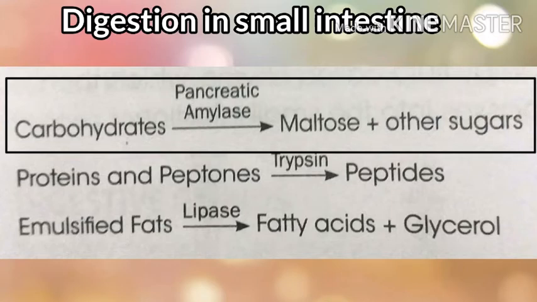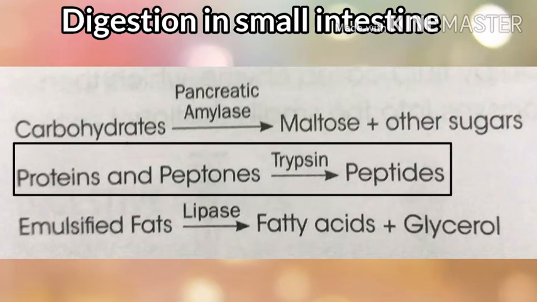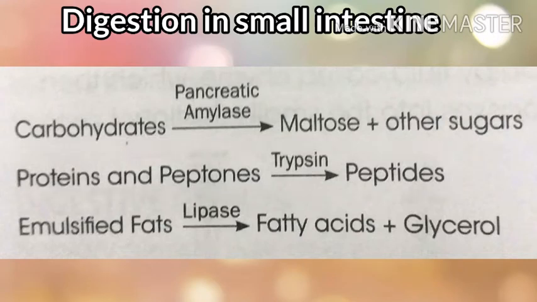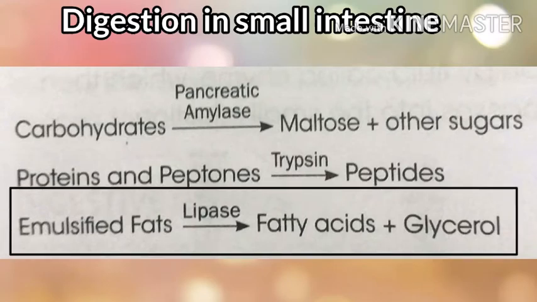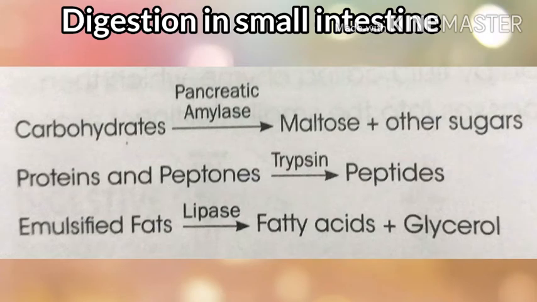Maltose is a simple form of sugar. The enzyme trypsin converts proteins and peptones into peptides, and the enzyme lipase converts emulsified fats into fatty acids and glycerol. So inside the small intestine, the nutrients like carbohydrates, proteins and fats are digested by the enzymes.